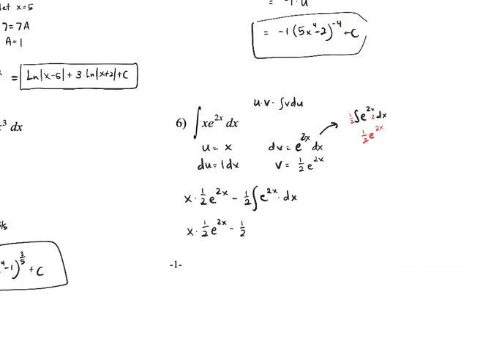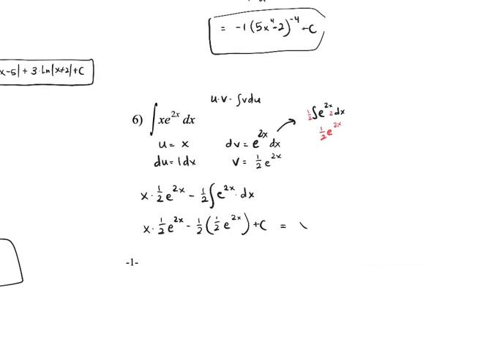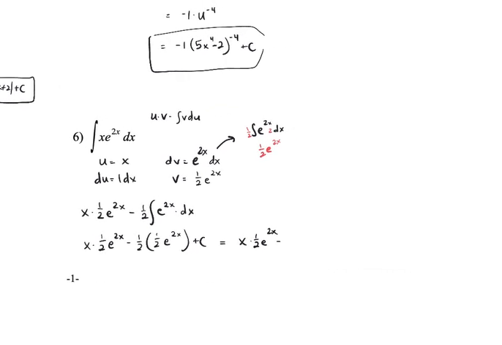So this integral of e to the 2x gets replaced with the antiderivative 1/2 e to the 2x. And then just multiply those two 1/2s together. So we have x times 1/2 e to the 2x minus 1/4 e to the 2x plus c.